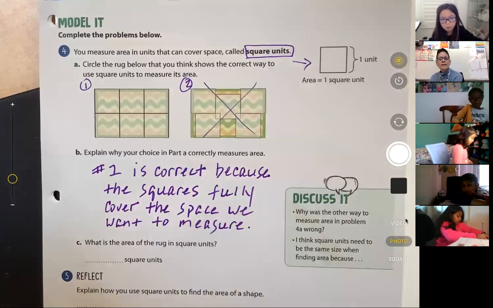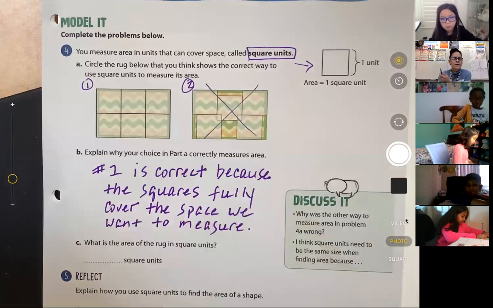Number one is correct because the squares fully cover the space we want to measure.